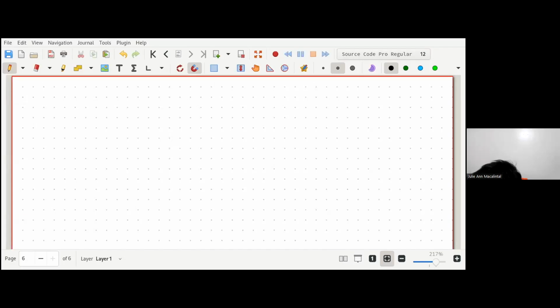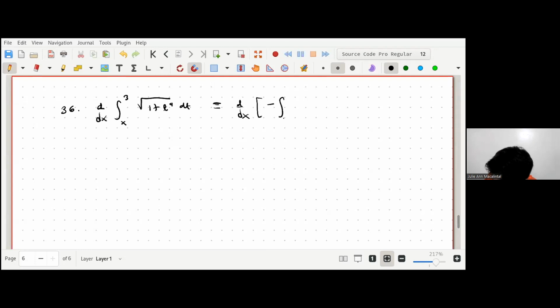So pakita ko yung 36 muna. Integral from x to 3 of square root of 1 plus t to the fourth dt. So, as it stands, hindi mo siya pwedeng i-apply kagad. So, the way to deal with this is, isulat mo yung integral as the negative and then with the limits reversed.